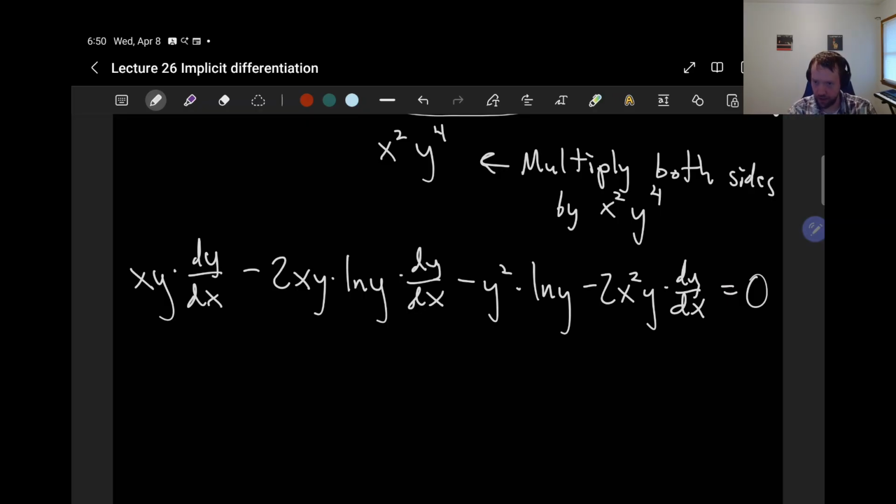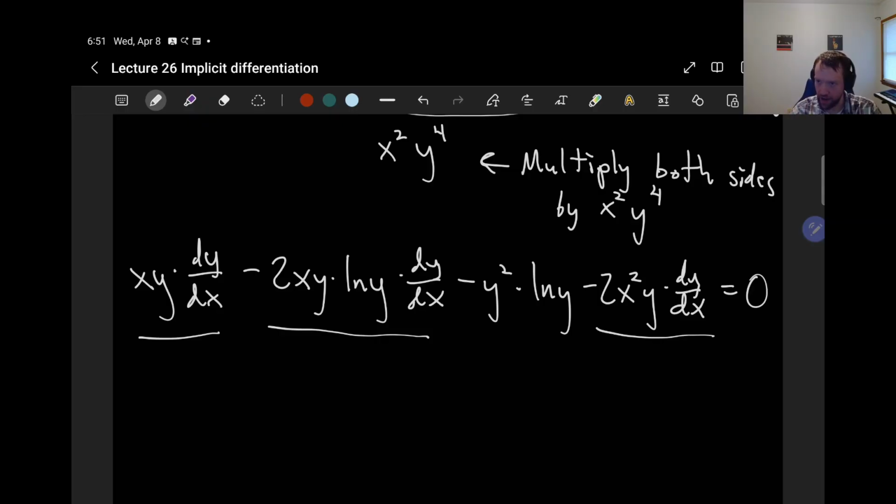Now, I think we're ready to bring the dy dx terms together and everything else to the other side. That would be just this one. It doesn't involve dy dx. Right, so the ones that do, these three terms that I'm underlining, we bring them together.